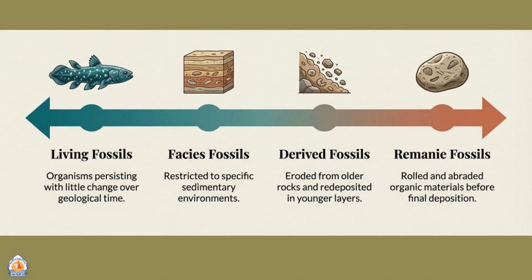Facies fossils include fossils that are restricted to specific sedimentary environments, and they help geologists to identify depositional conditions. Derived fossils are older fossils that have been eroded from their original rocks and redeposited in younger sediments. Remini fossils are organic matter or fossils that are rolled or abraded during transportation before deposition.